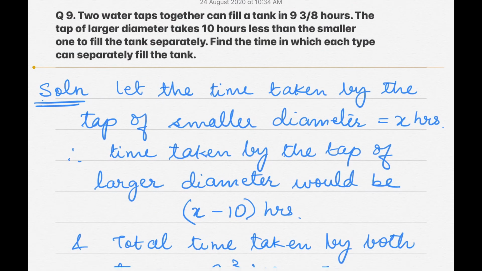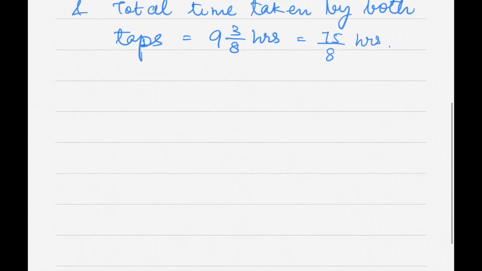Okay, so this is all the information given in the question which I could assume and derive from it. So now I have to find the time taken by both to fill separately.